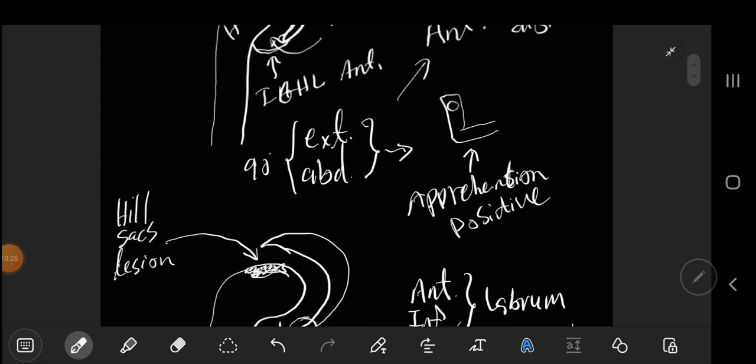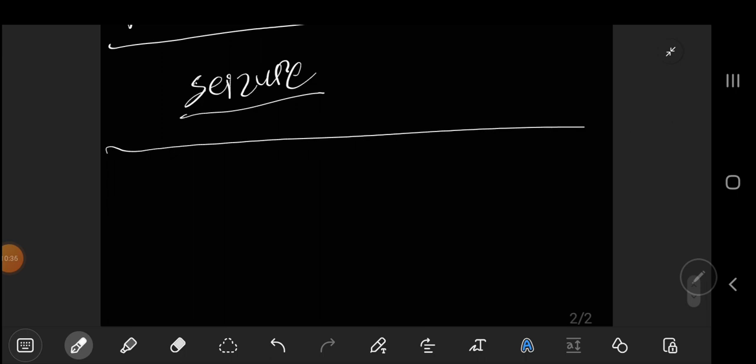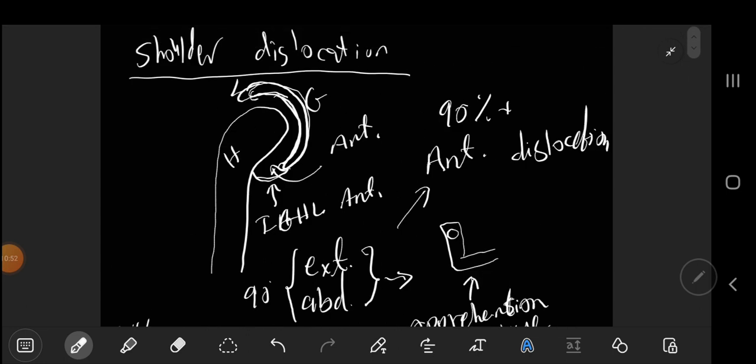The acute treatment of anterior shoulder dislocation is to reduce the humerus back into the glenoid. There are some methods to do it, some based on external rotation and abduction, like what happens in the dislocation, and some based on traction and countertraction. I'm not going to get into the methods to relocate the shoulder, but this is the idea in the acute phase.